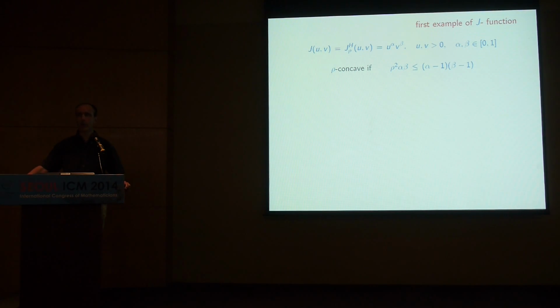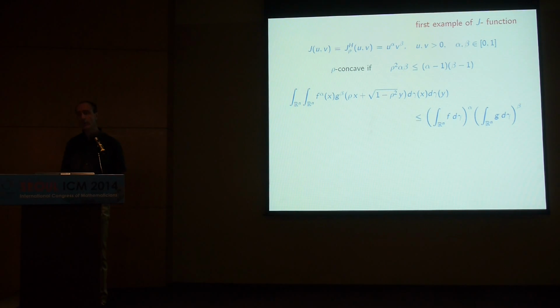And it's a very simple exercise to check that this function is rho-concave if and only if you have this relation between rho, the kind of noise that you put in this inequality, and alpha and beta, the exponents in the definition of J. So if you write the concluding inequality, what you get is the following.